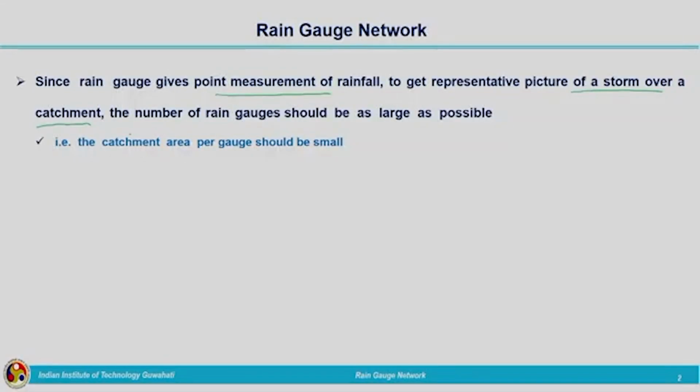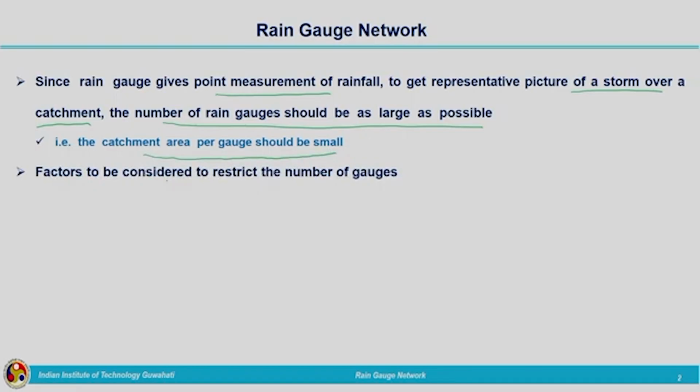So, the number of rain gauges should be as large as possible, then only we will get an accurate measurement of the rainfall in that particular catchment. So, the catchment area per rain gauge should be small.